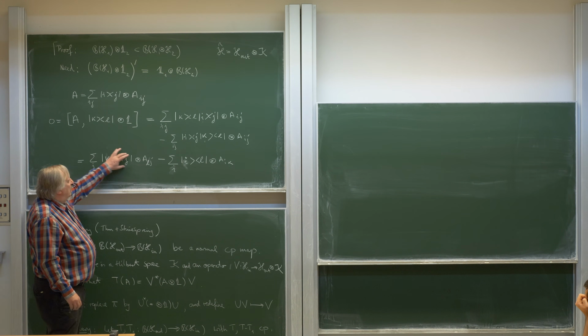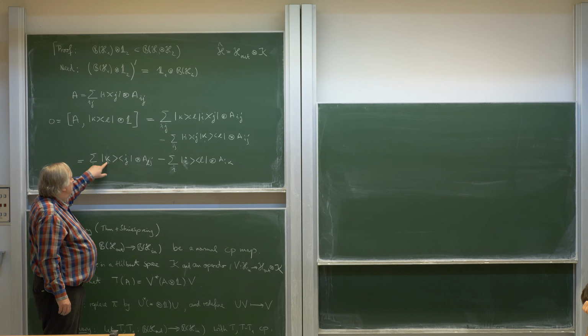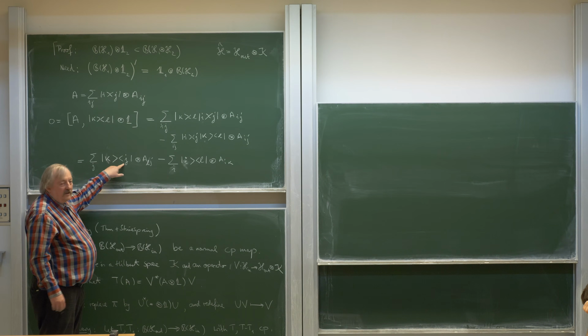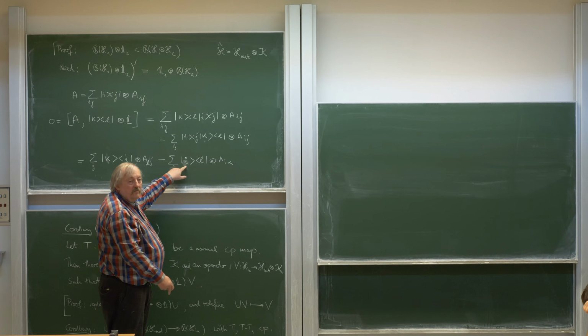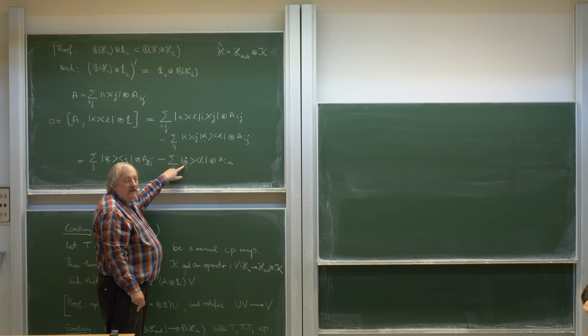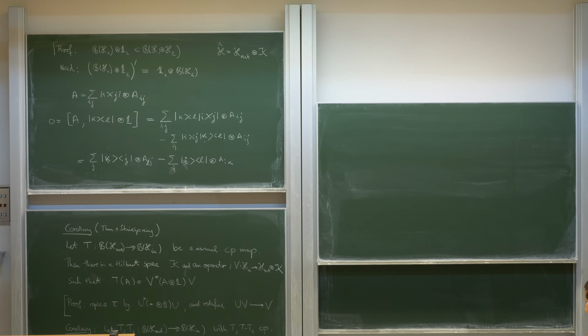So this is a row of ketras where the first element is fixed and the second runs over all possible values, and this is the same for a column. Right? So the column is fixed and the row runs through. So most of these basis elements don't have an intersection, so the corresponding coefficient has to be 0.